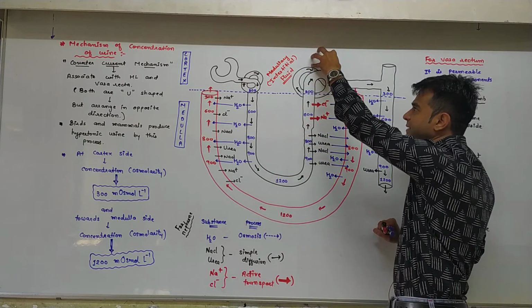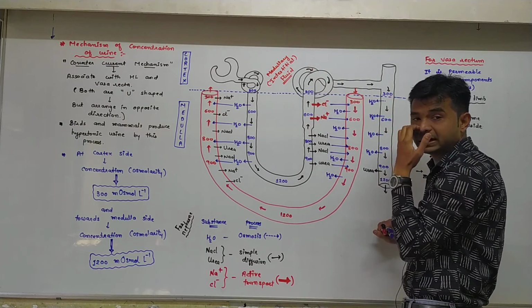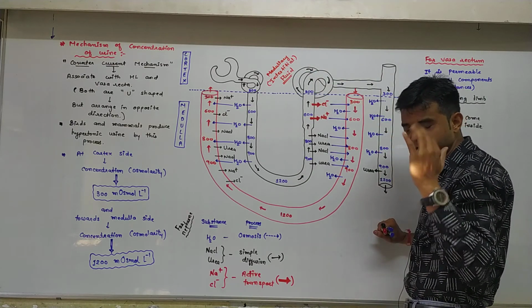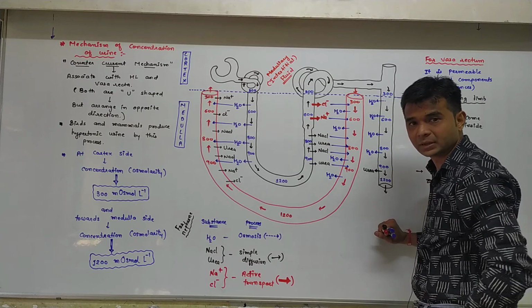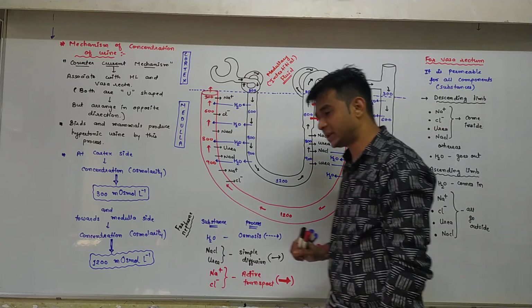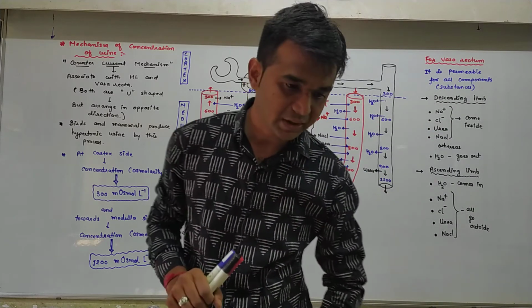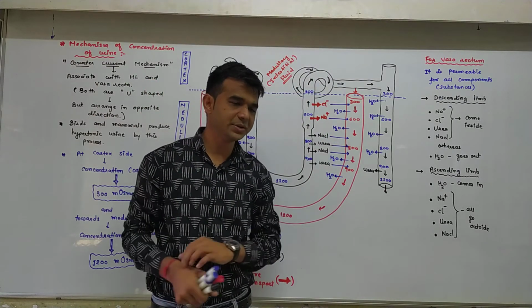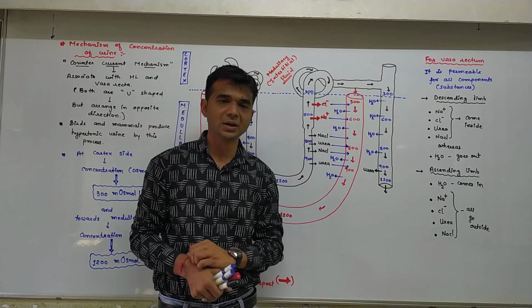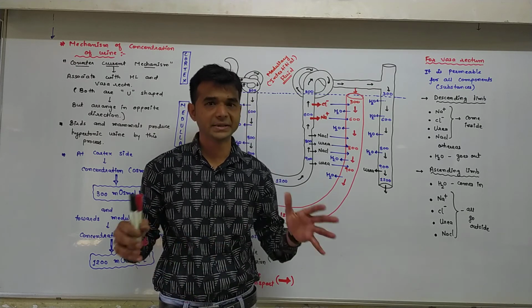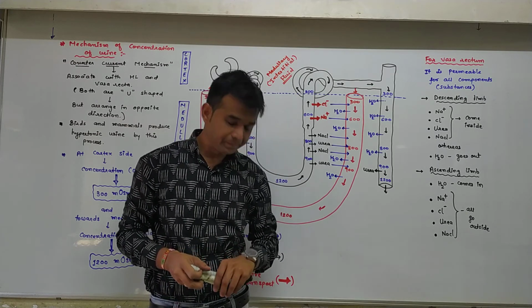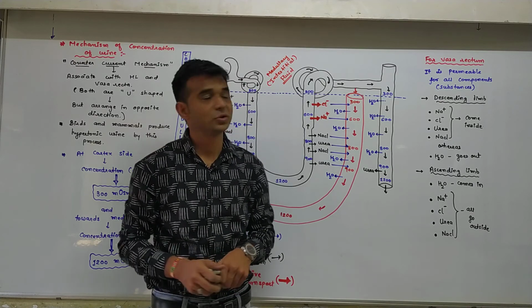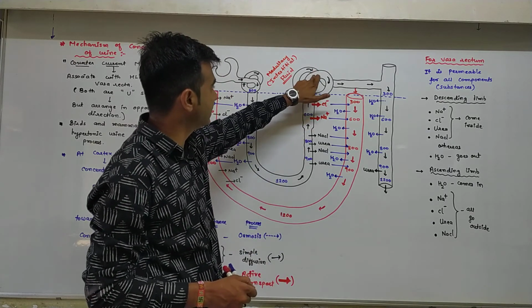The function of the DCT is tubular secretion. The components which are not absorbed, not filtered through the Bowman's capsule, are present inside the blood, but these components are necessary to eliminate outside of the body. So tubular secretion is there in the DCT.